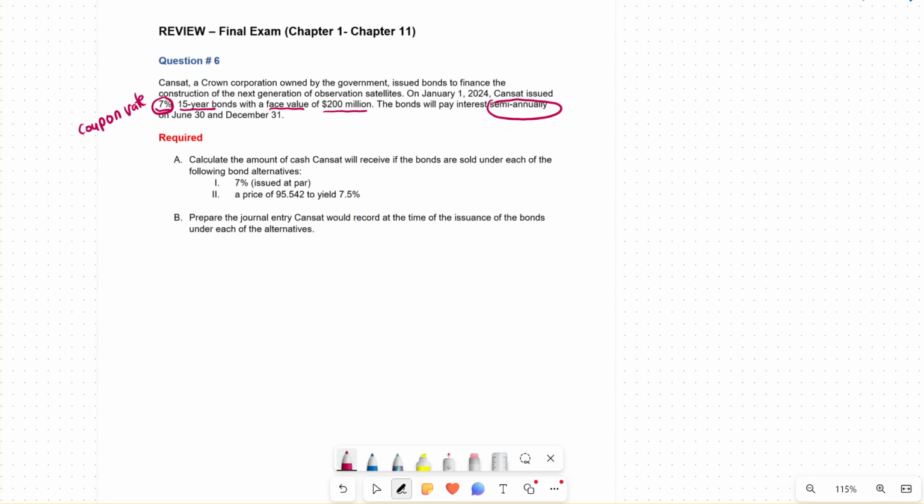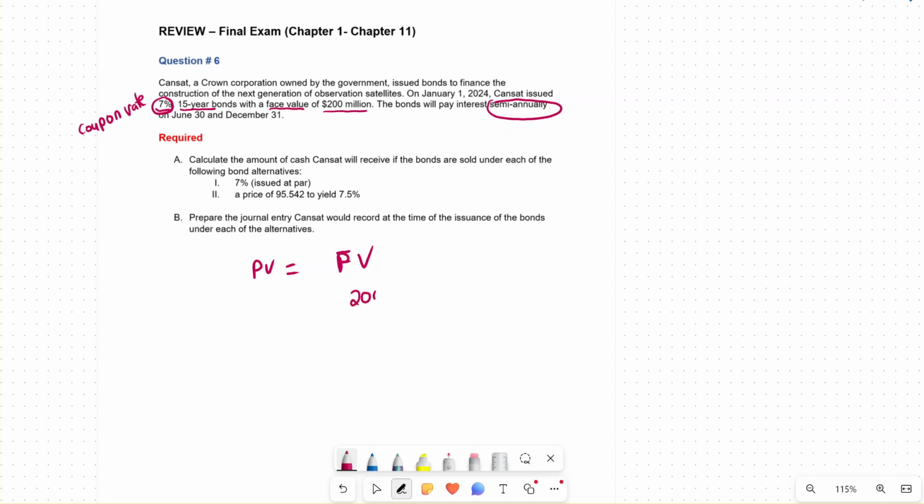Now a bond could be issued at par. When we say par, the present value of your bond and the face value of the bond are both 100%. In other words, if it's a par value bond, the market rate and the coupon rate are the same.